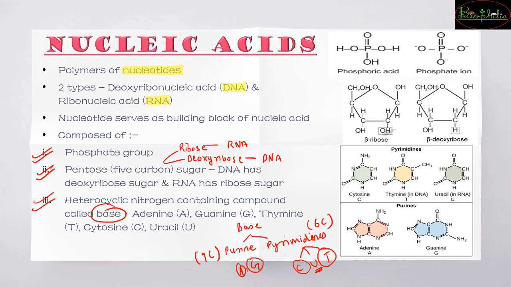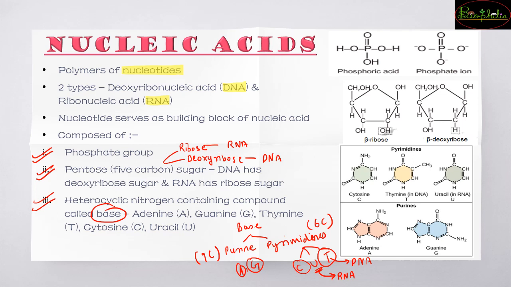So U जो होता है it is specifically only present in RNA, in replacement to, किसके जगह पे आता है? In the placement of thymine. Thymine is present only in DNA and RNA में होगा uracil. So that is about the nitrogen containing compounds. You can see the structures of all pyrimidines, purines.